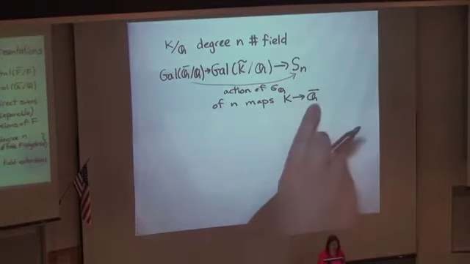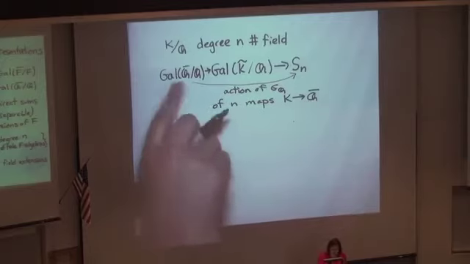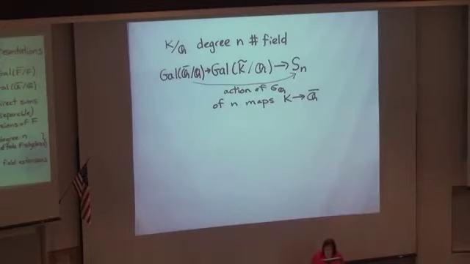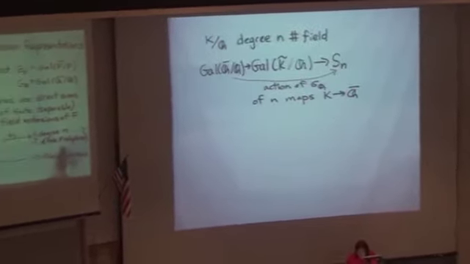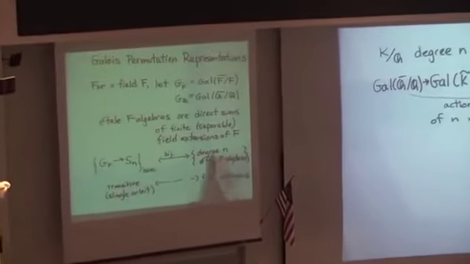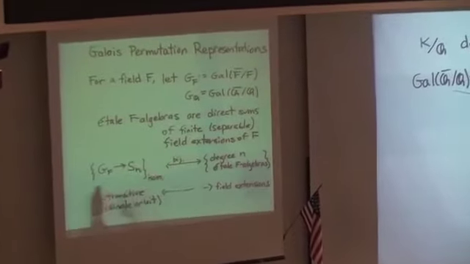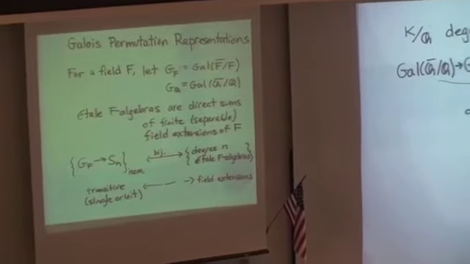So if you have a map from K into Q bar, and then you have an automorphism of Q bar, that gives you a different map from K into Q bar. So that's how the Galois group acts on these n maps, and that gives you one example of how you take a degree n algebra and you get a Galois representation.